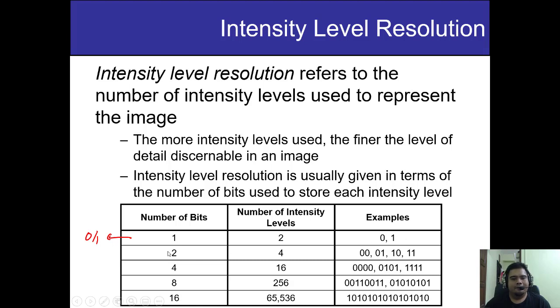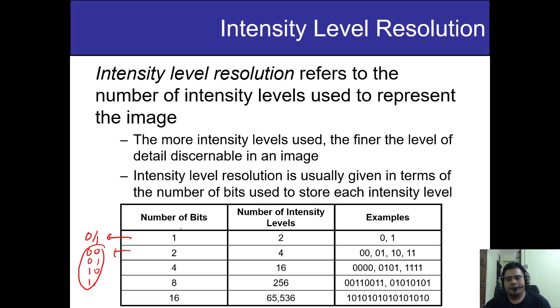And then if you have 2 bits, I think you learned this in digital systems or digital electronics: 00, 01, 10, 11. You only have how many colors? 4 colors only, 1, 2, 3, 4.